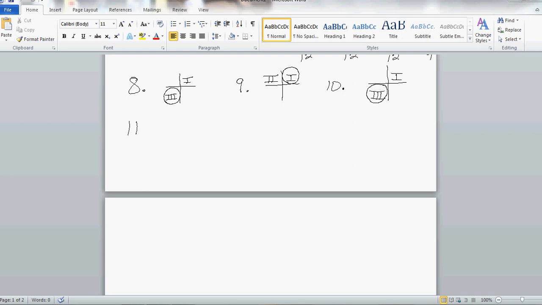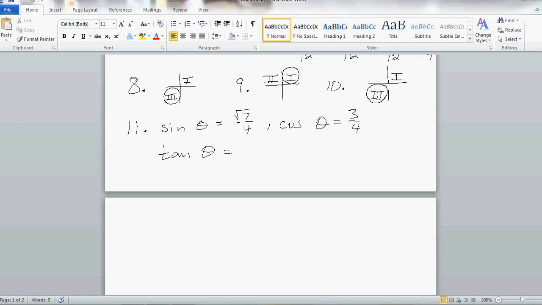Now, example number 11, we are told that the sine of theta is equal to the square root of 7 over 4, and the cosine of theta is 3/4. We need to find the tangent of theta.